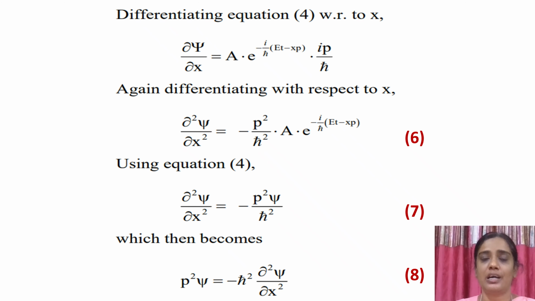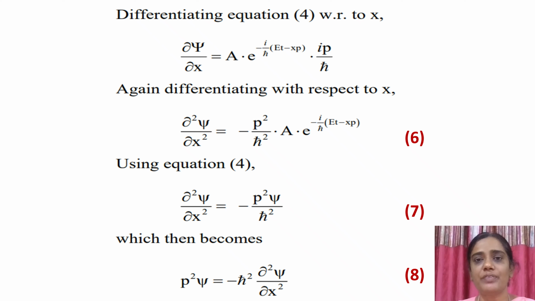Therefore, the equation becomes dou psi by dou x, which is equal to A e power minus i by h cross (Et minus px), and we are differentiating with respect to x, therefore ip by h cross. So this is the differentiated equation of equation number 4.